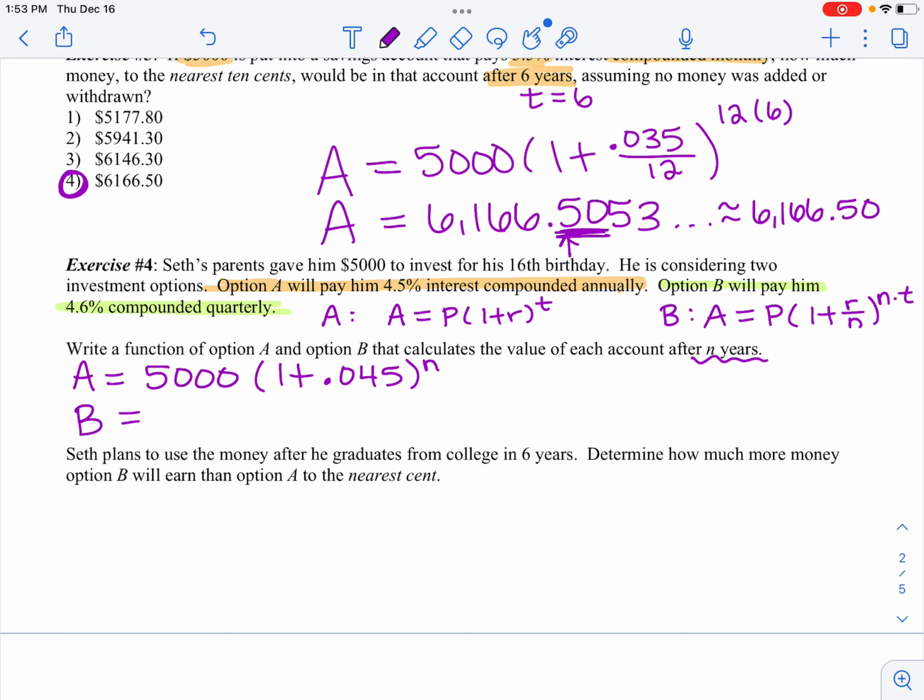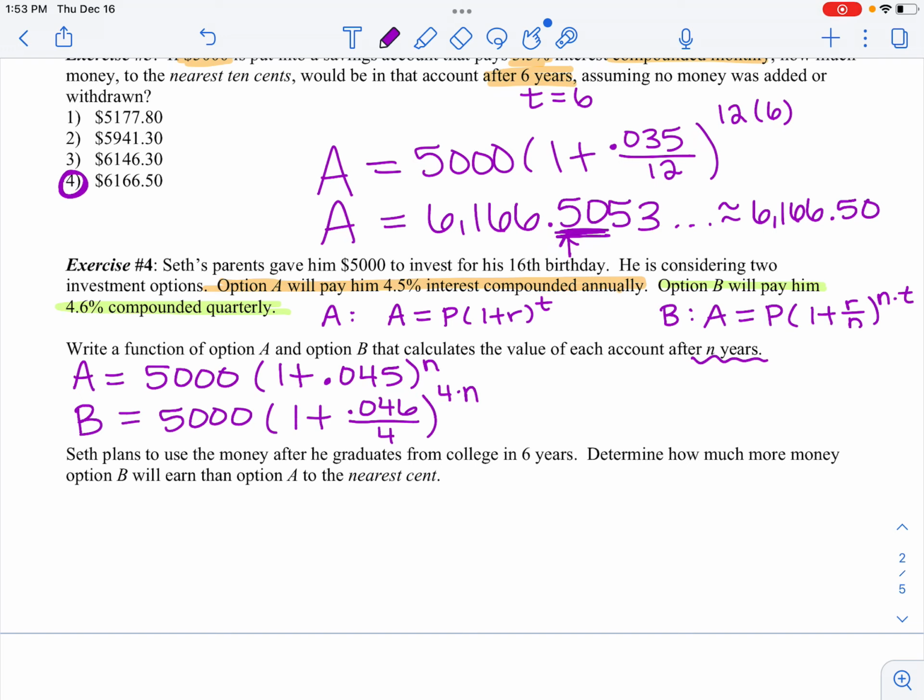B would be 5,000, and we have 1 plus, now this interest rate's a little different, it's 0.046, but it's being compounded quarterly, so I need to divide this by 4 and raise the time period to 4 times n. So that was the first part, right? A function for option A and option B that calculates the value in the account over n years.